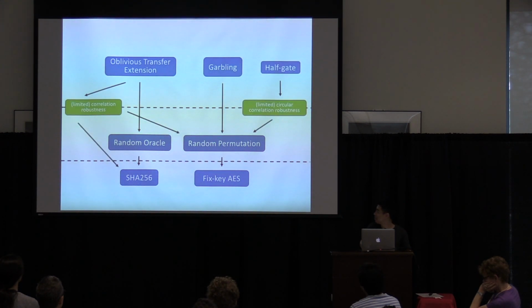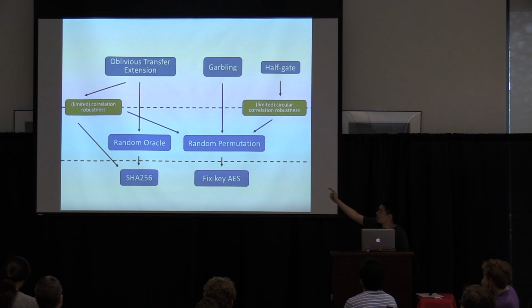There have already been some attempts to use more standard assumptions for oblivious transfer extension and half gates. For example, in the original OT extension paper by Yuval et al., they show that the semi-honest version of oblivious transfer is secure, assuming that we have a limited correlation robust hash function.